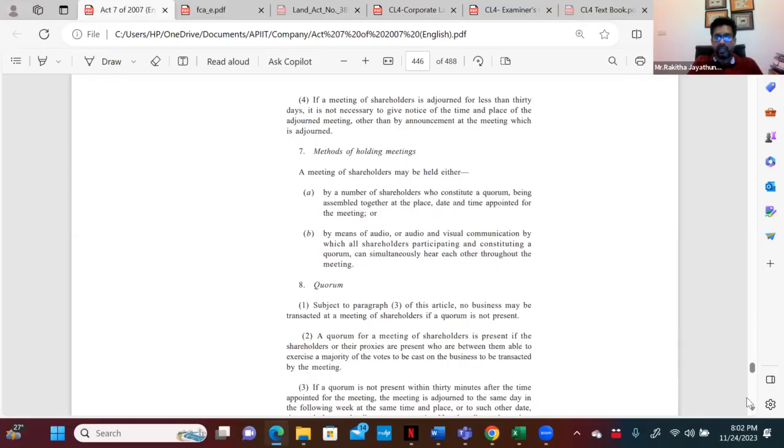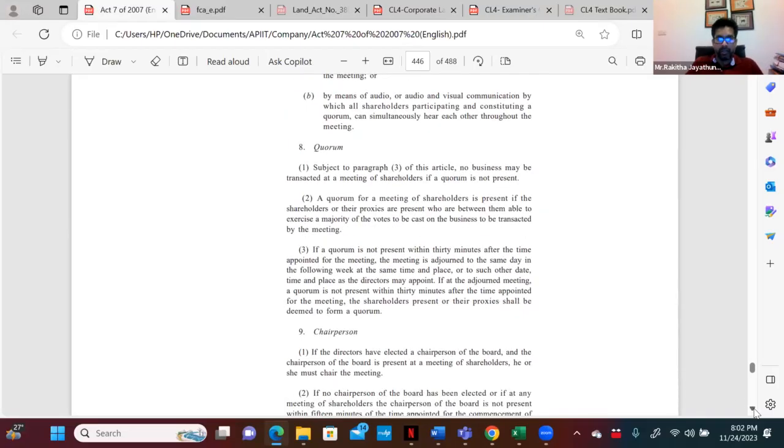The whole thing is important when you're answering this question. No business may be transacted at a meeting of shareholders if a quorum is not present. So what is the quorum? Now it doesn't say 3 shareholders because it's the model articles which you have adopted.